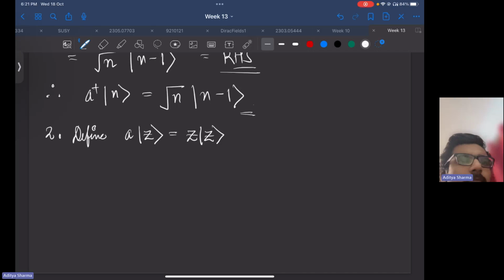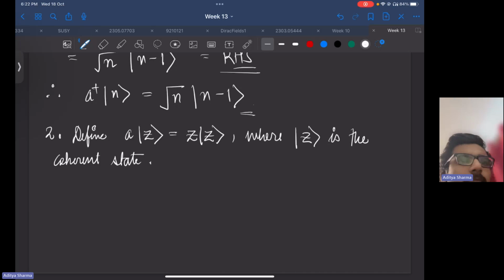That is this, where Z is the coherent state.